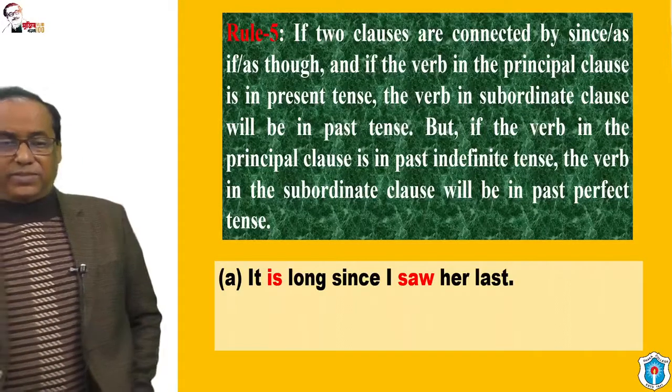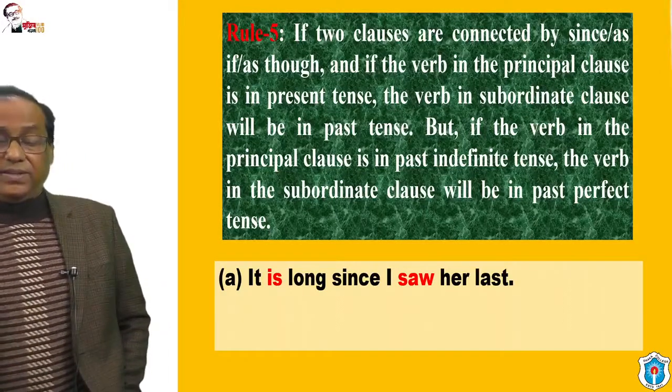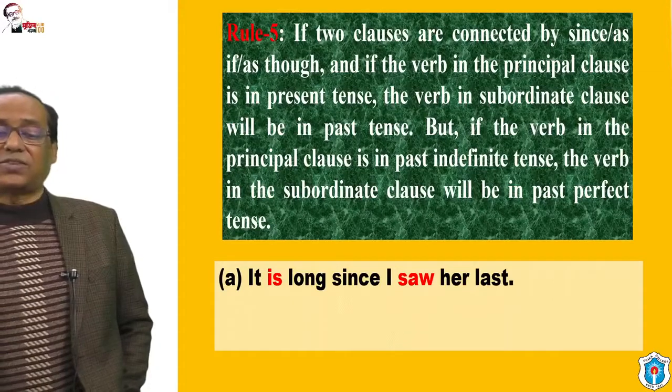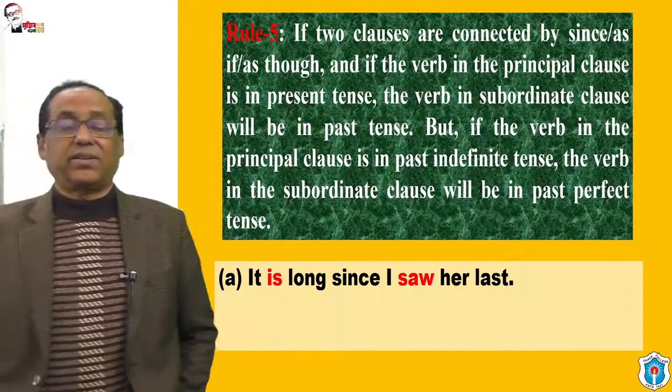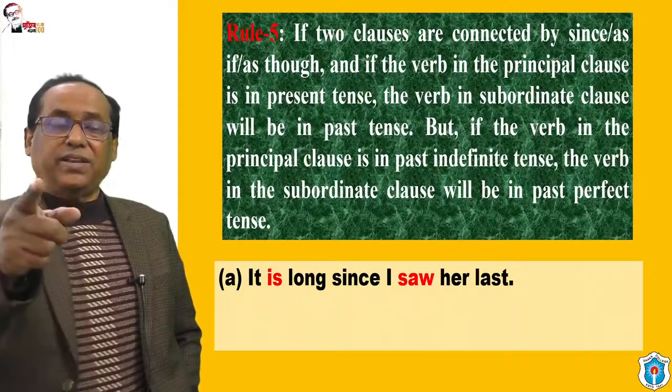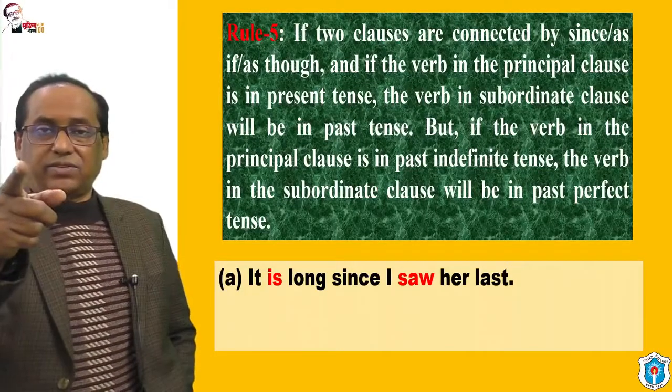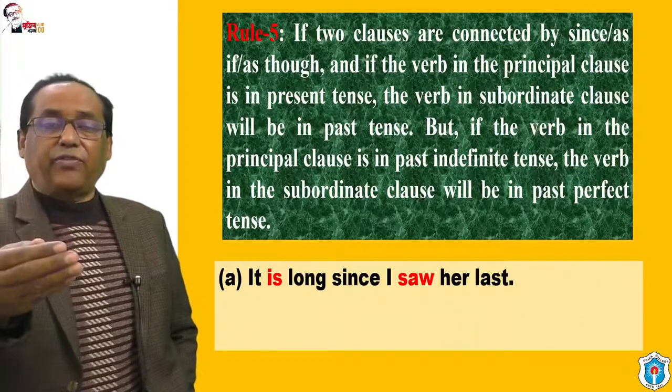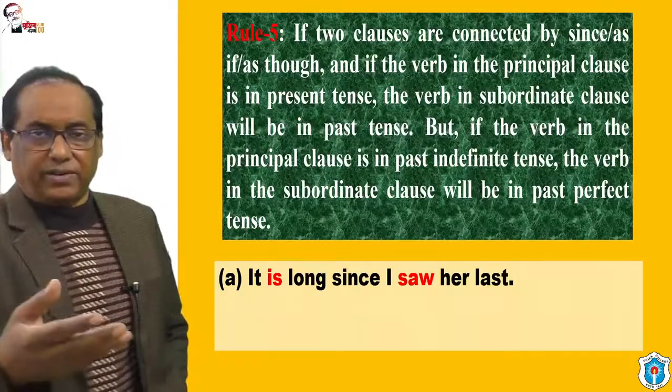As for example, see the first example. It is long since I saw her last. It is long. So the principal clause is in present tense, present indefinite or present perfect, whatever.